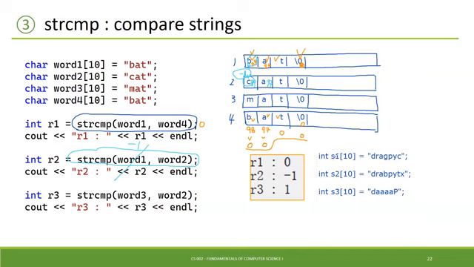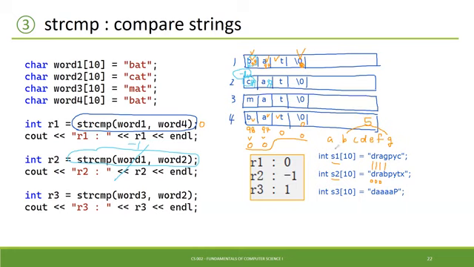If I want to compare S1 and S2, the computer will do this subtraction. D minus D is 0 because they are the same, right? R minus R is 0. A minus A is 0. G minus B. What is G minus B? In the alphabet, A, B, C, D, E, F, G. There are 5 differences.